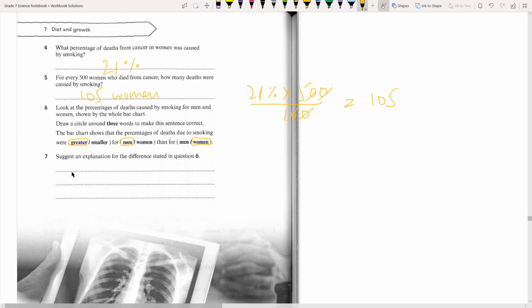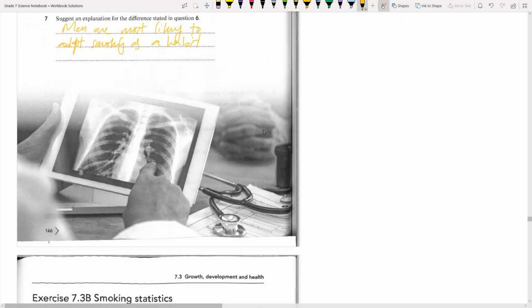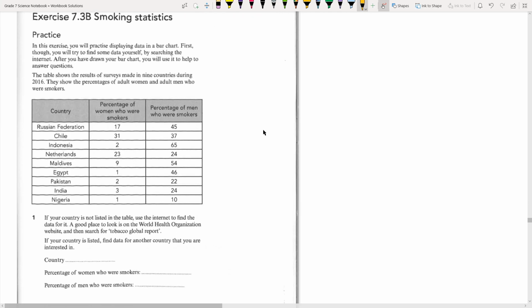Then suggest an explanation why, as stated in the question, and it's a very open-ended question. Men are most likely to adopt smoking as a habit, because it's usually men who are smoking. I mean, very rarely do we see women doing the same thing.